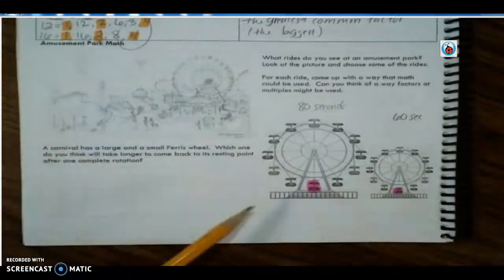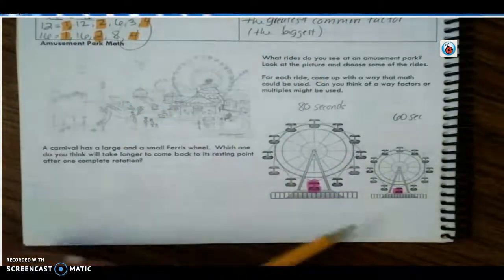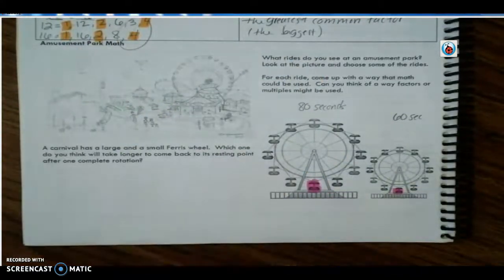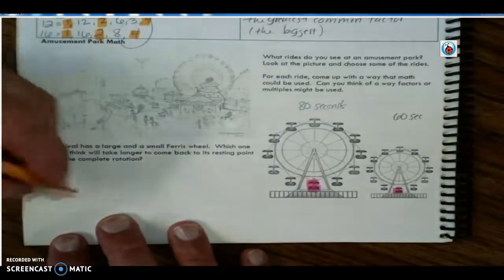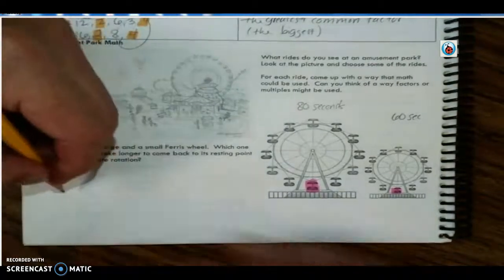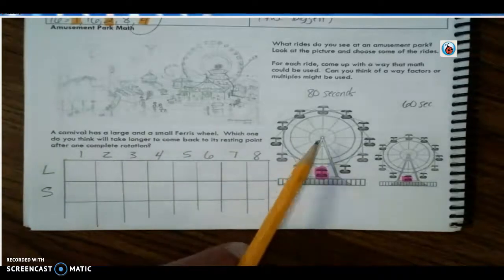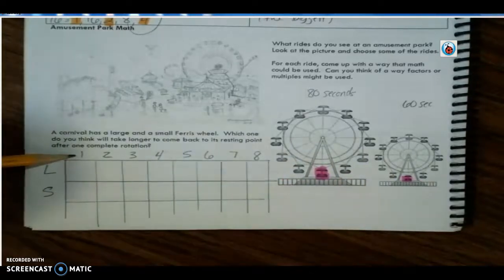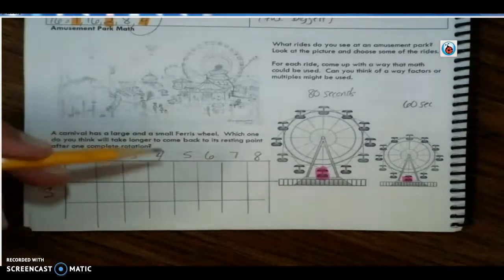Okay, so if this goes around 1 time, 2 times, 3 times, 4 times, I'm using the word times because I really want you to think about it. I'm going to make a chart right here. Surprise, there's a chart there now. So we have a large and a small, and this is the times that they're going to go around. 1 time, 2 times, 3 times, 4 times, 5 times.